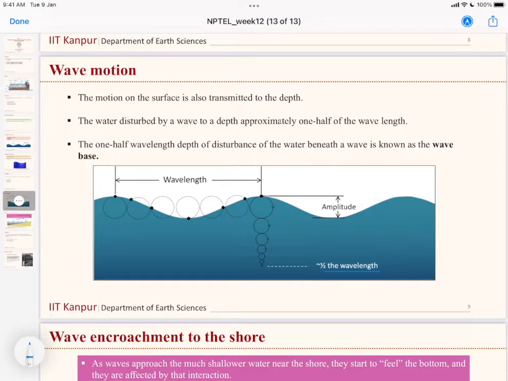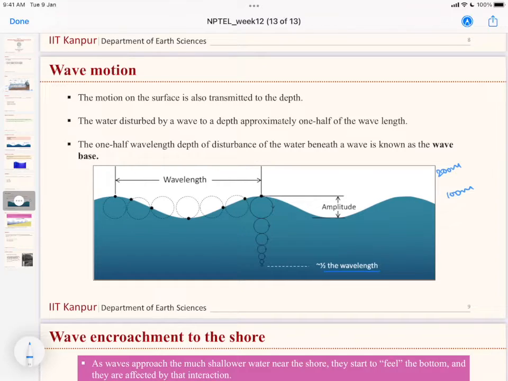Suppose the wave has a wavelength of 200 meters, which is a very common wavelength in the ocean scenario, as per wind energy. Then the depth would be 100 meters. Up to 100 meters is the general depth through which the water can experience the energy, and below that depth the water will be static, with no movement.